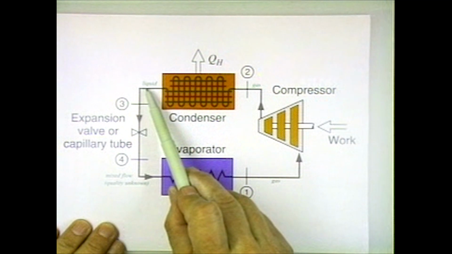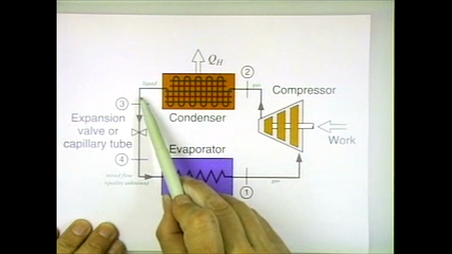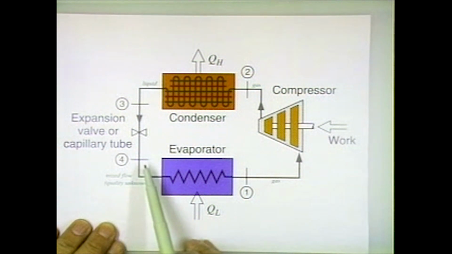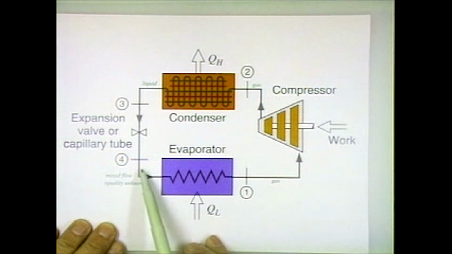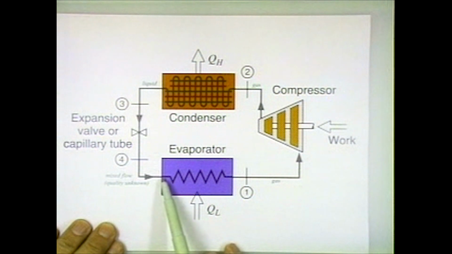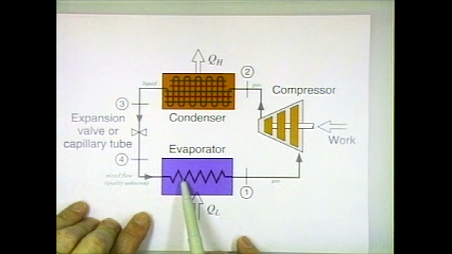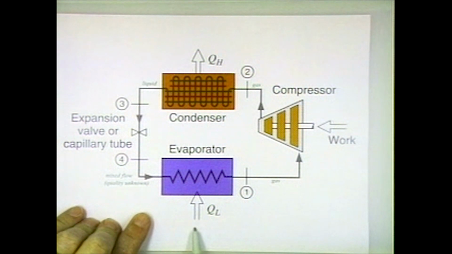It's down to probably close to room temperature now. After it goes through the expansion valve, it comes out as a very, very cold working fluid, and it goes inside of your house, and it goes to the evaporator. The evaporator would be inside. So you have this cold fluid passing, which is colder than the air inside of your house. The air passes over the working fluid.